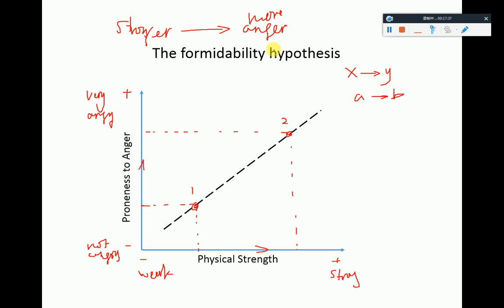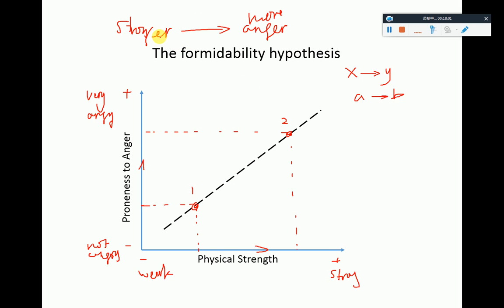The short answer is, no matter in which direction you go, you can go in this direction, you can go in this direction, the answer is, it doesn't matter. It doesn't change how we interpret this line. This line, as it is, regardless of which direction you go, will still represent this hypothesis, and here's why.